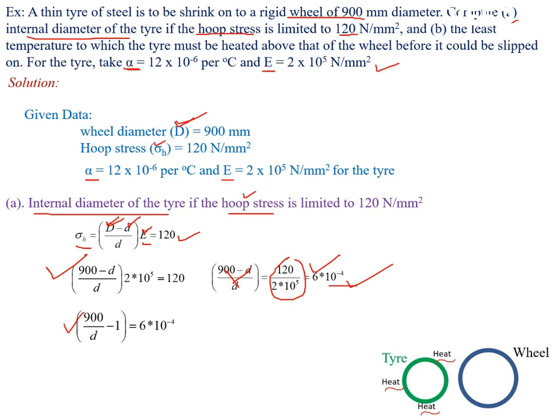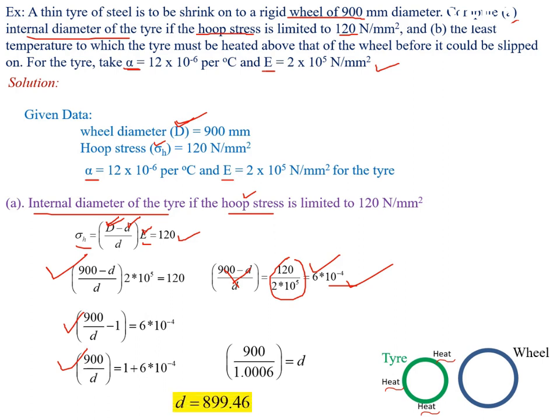Then 900 divided by d equals 1 plus 6 into 10 to the power of minus 4. From this we calculate the d value: d equals 899.46.